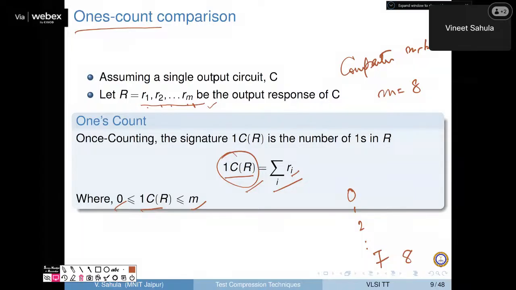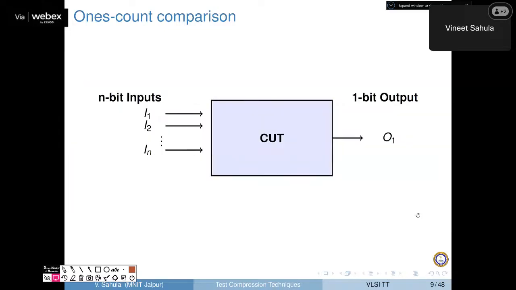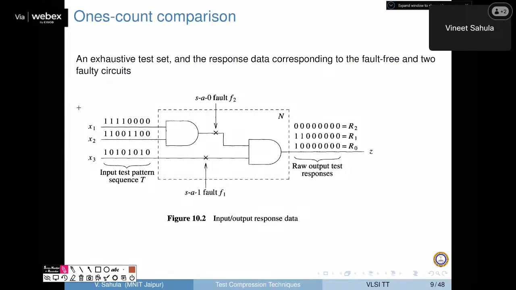So the circuit we are presuming has one output, one bit output only. If we take an example of 3-bit input, then exhaustive patterns will be 8. If n equals 3, I would apply a total of 8 patterns.